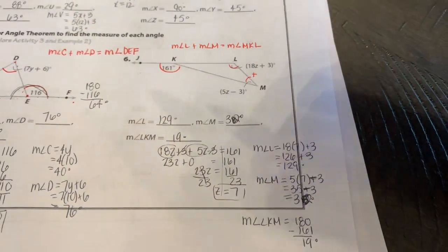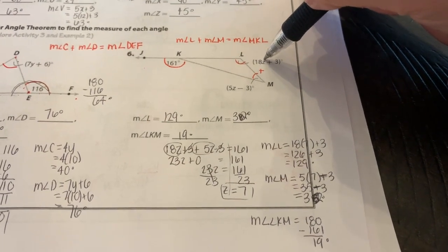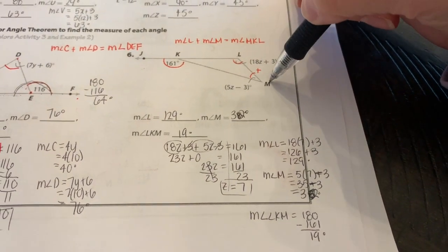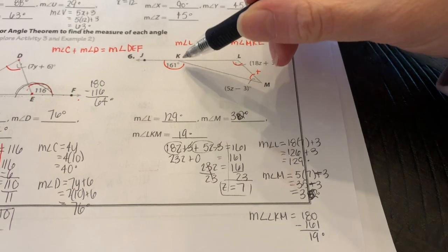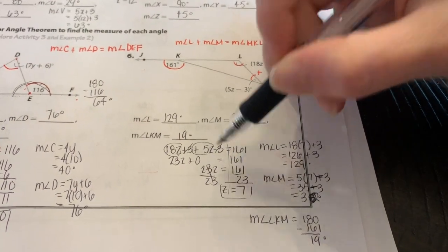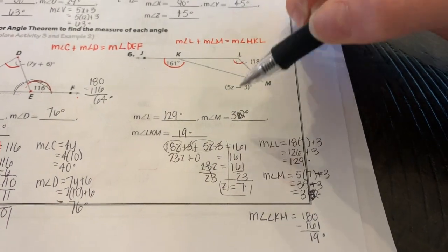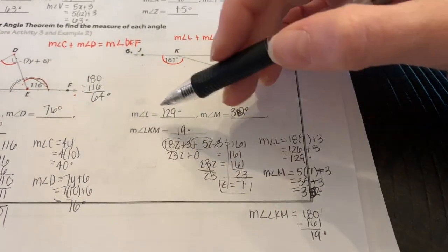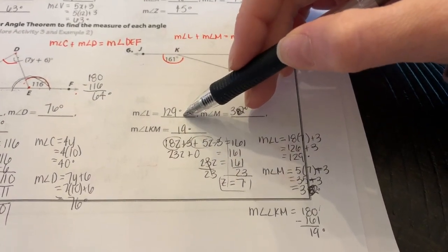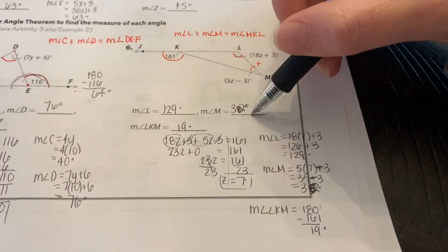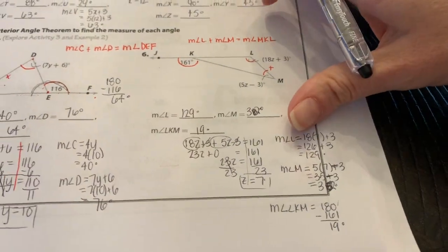So after all the work, you set it equal: 18Z plus 3 plus 5Z minus 3 equals 161. When you solve it, you find Z is equal to 7. And then when you plug everything in, you find that the measure of angle L is 129, the measure of angle M is 32, and LKM is 19.